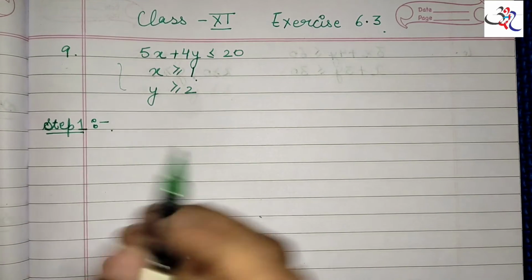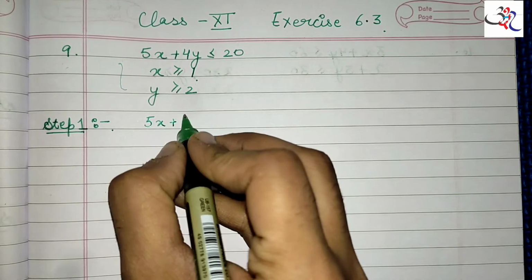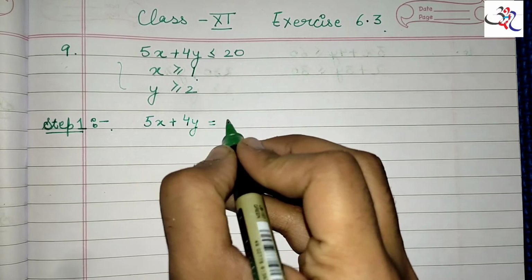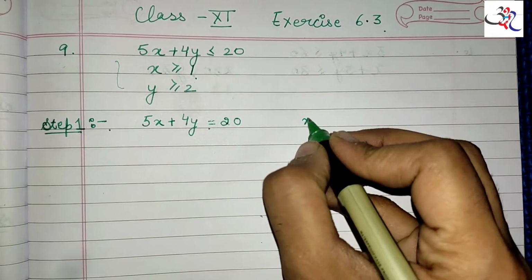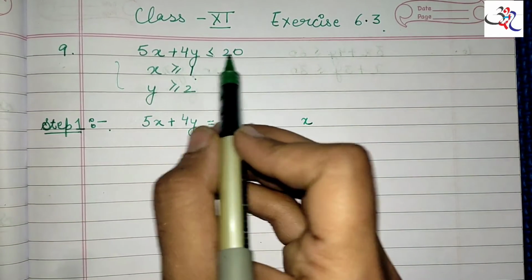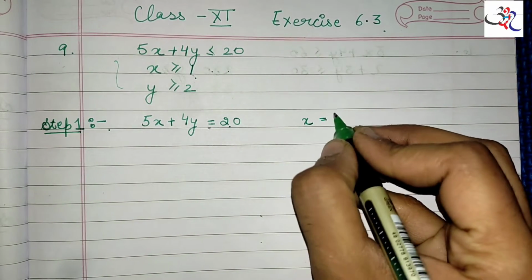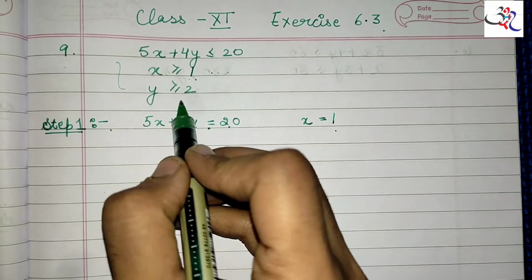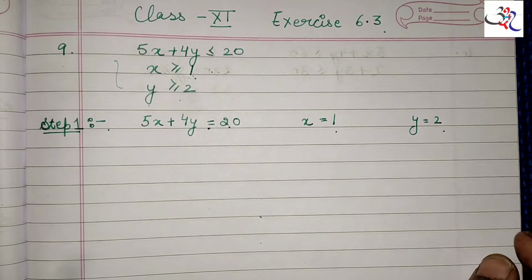The very first step is that you have to forget about the inequality, and in place of inequality you have to use the equal to symbol. So 5x plus 4y is equal to 20. The second equation will become x is equal to 1, and the third equation will become y is equal to 2.